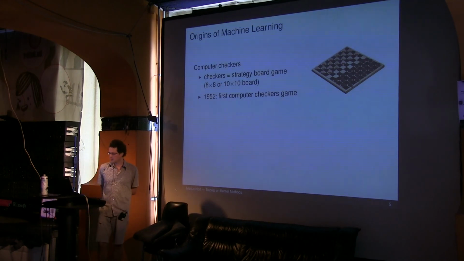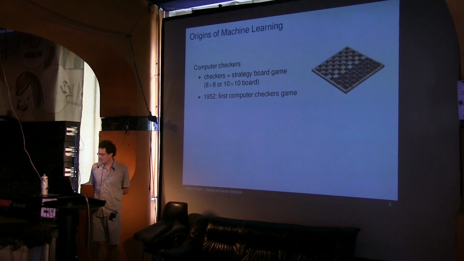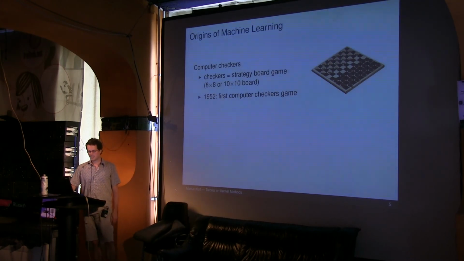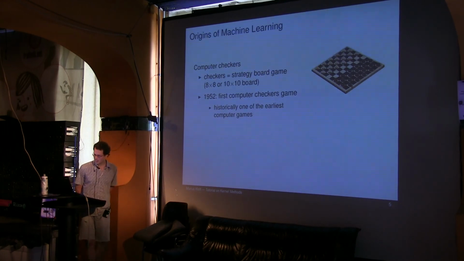So in 1952, the first computer checkers game appeared. So computer checkers, that is like computer chess, like Deep Blue and stuff, but for checkers, and it's much older, of course. So actually this was one of the first computer games. Yeah, so very early ancestor of World of Warcraft.